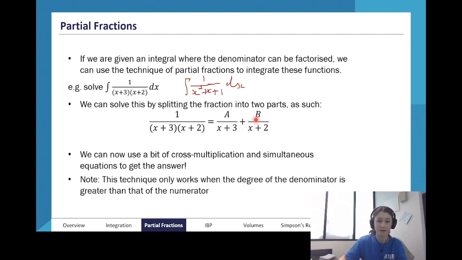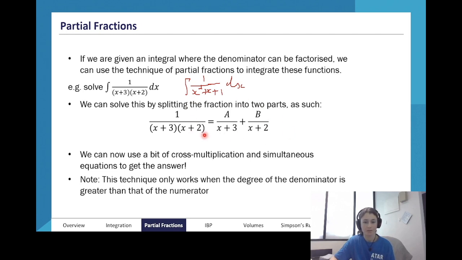A and B are constant real numbers, but we don't know what they are yet. The utility of doing this is that now we have two separate terms that we can then integrate. We can use logs to integrate them, and we just have these regular old constant numbers on the top.